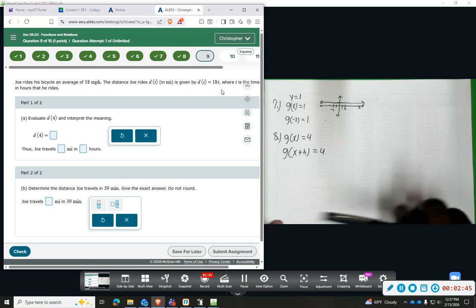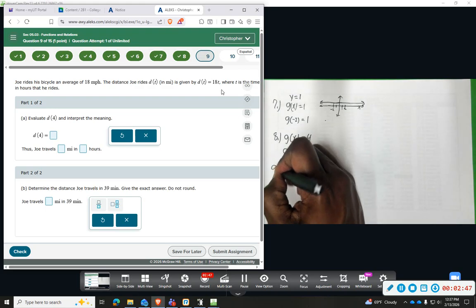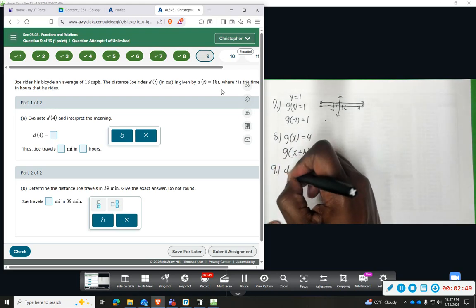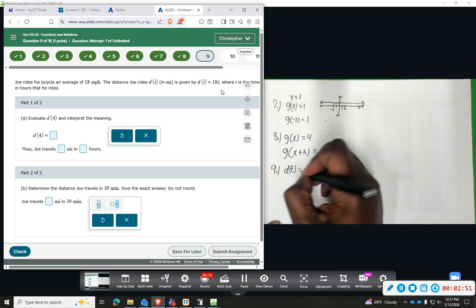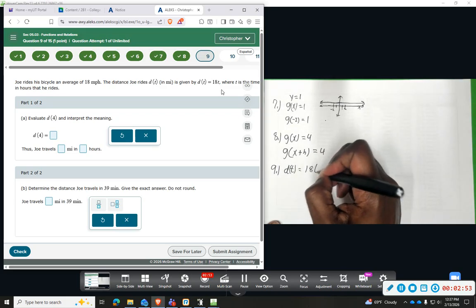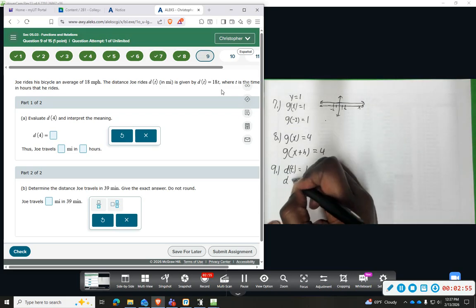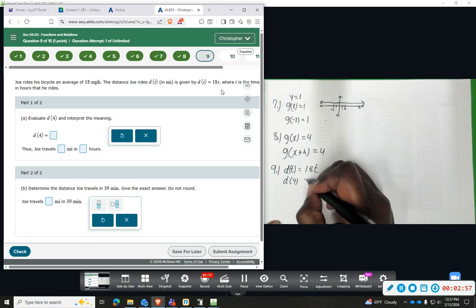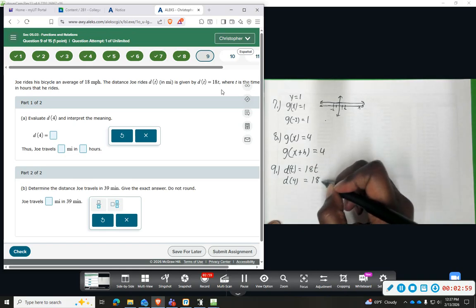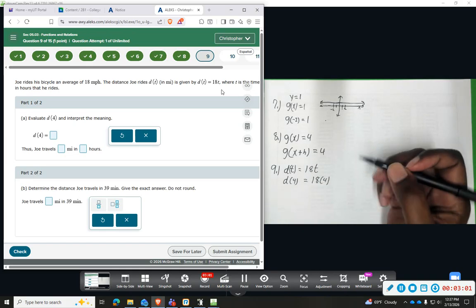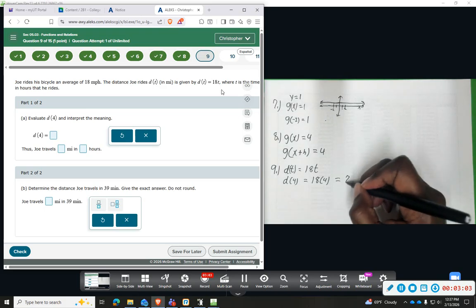So we're going to do direct substitution. We have d of t is equal to 18t, and then we want to evaluate d of 4. So that equals 18 times 4, and that will give you 72.